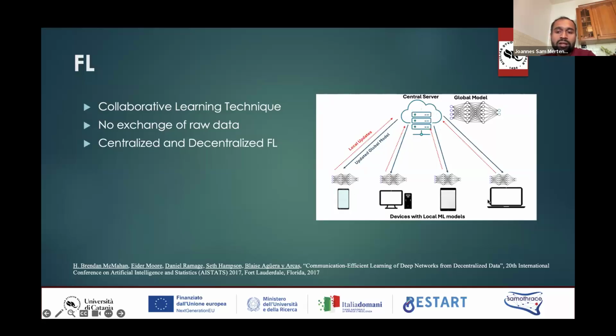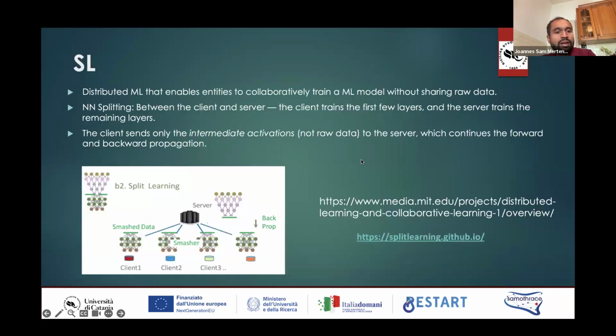In the healthcare scenario, this is a very good technique, because the raw data doesn't leave the client devices. When I have sensors or smartwatches at the edge, the models are also in the edge nodes, and the data doesn't leave the edge nodes, so only the model parameters are being exchanged.